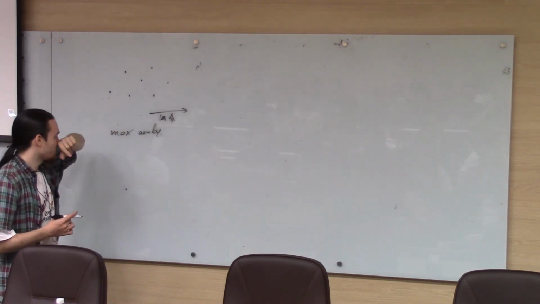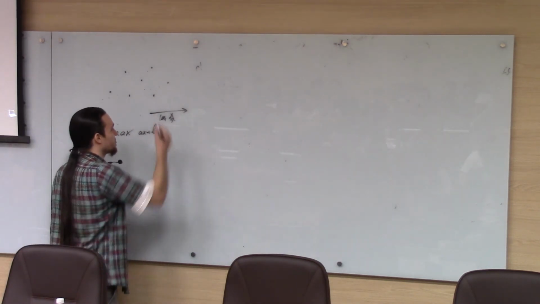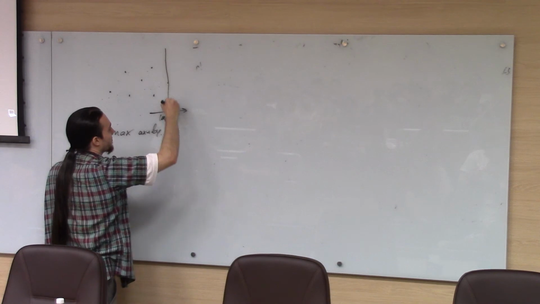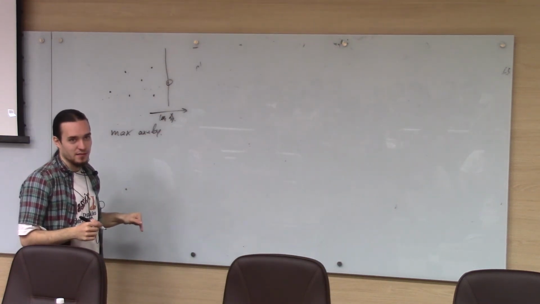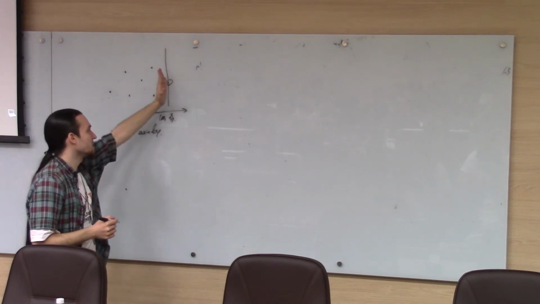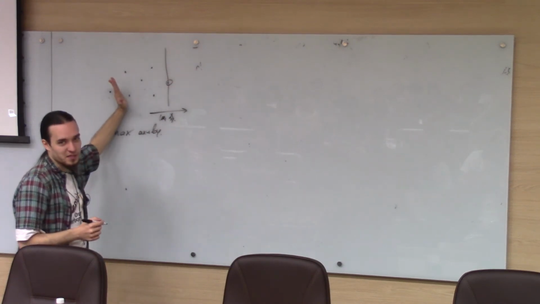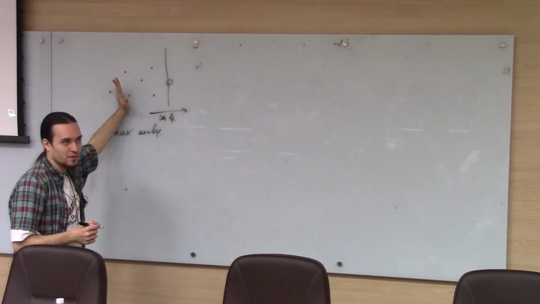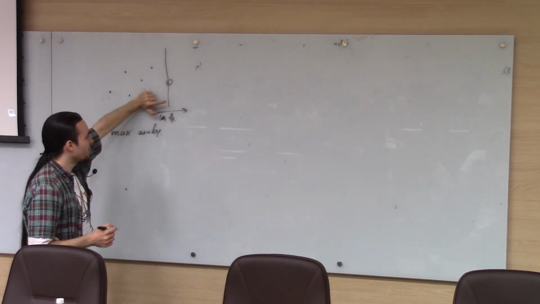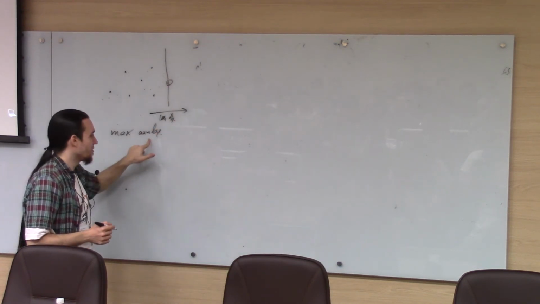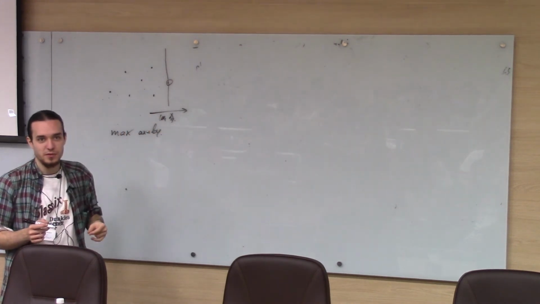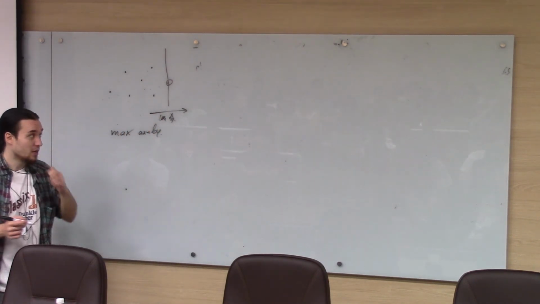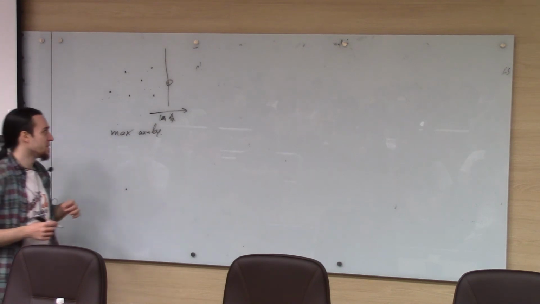So the answer is the point such that if we draw a line orthogonal to (a, b), then everything else is going to be on this side, because going forward increases the value of the dot product, and going back against the direction of the vector decreases it. So that gives us some ideas.